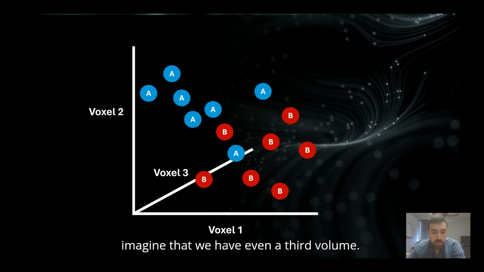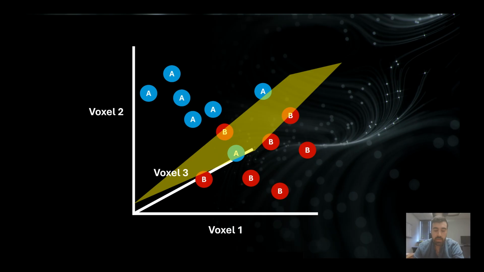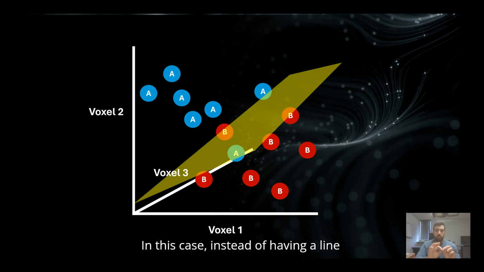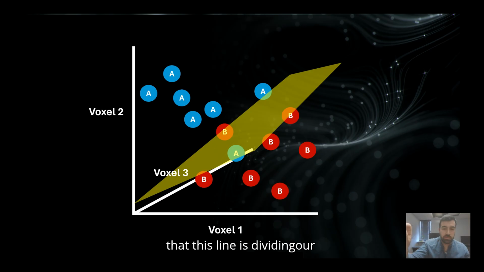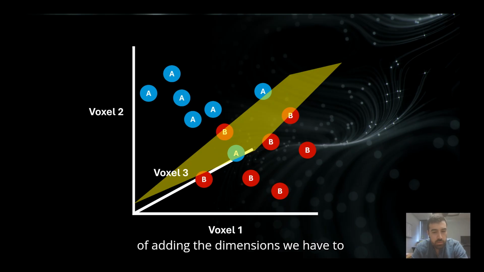But now imagine that we have even a third voxel. We have a third dimension, and this new dimension is going to provide even more information. In this case, instead of a line dividing our 2D sample, now with 3 dimensions we have to create a plane.